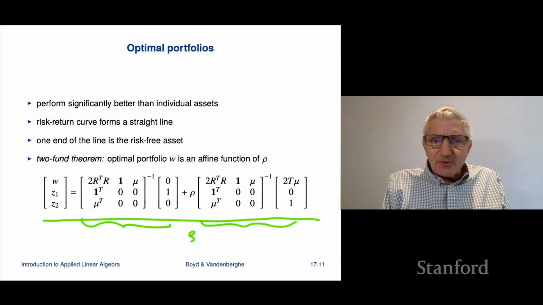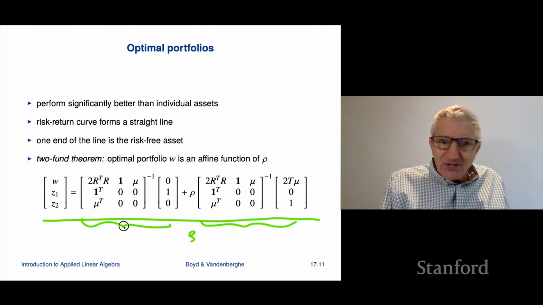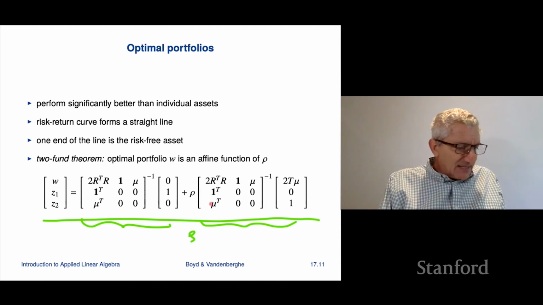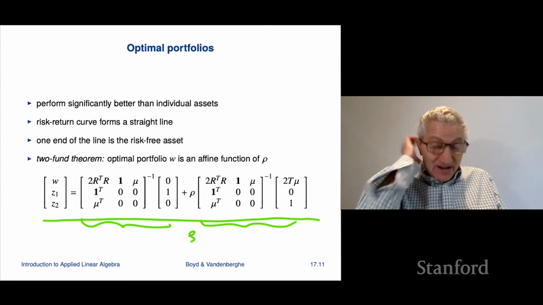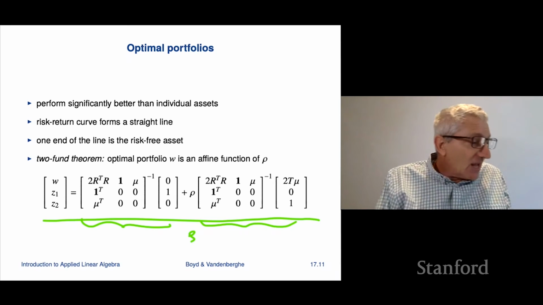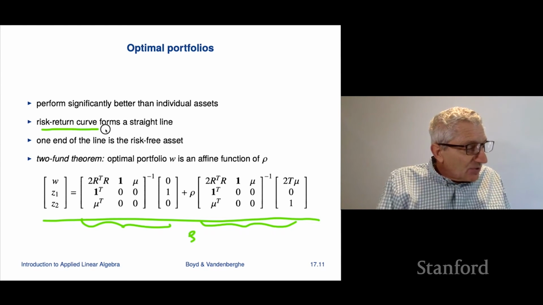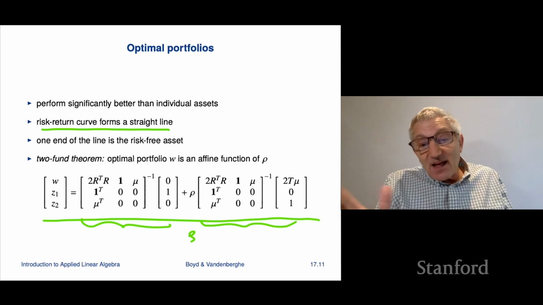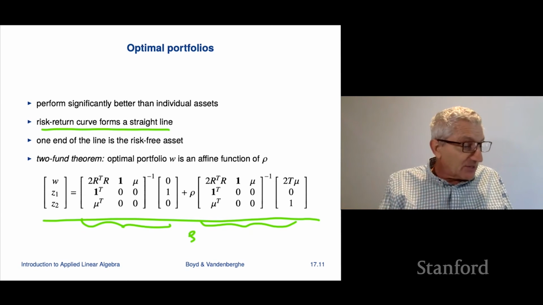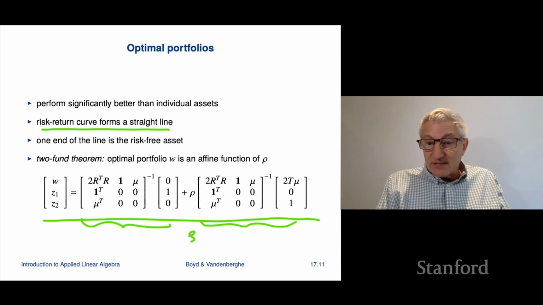They're saying every optimal portfolio is a combination of this fund plus this one times rho. What it says is that the risk-return curve is going to be on a straight line. One end of the line, which is 0 risk, is simply the risk-free asset.